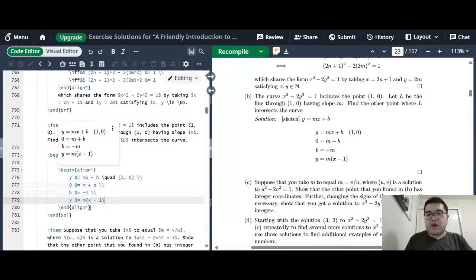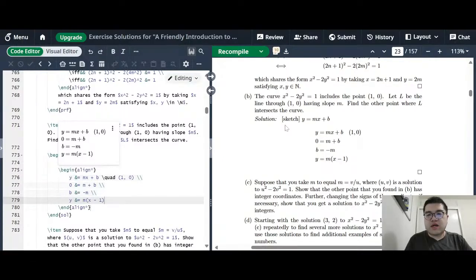Now, L is a line that passes through this point, and we need to find the other point where it intersects the curve. So we need to do a substitution there.